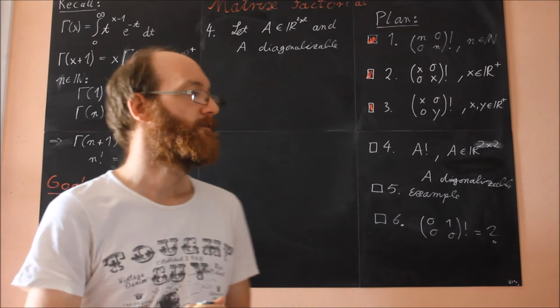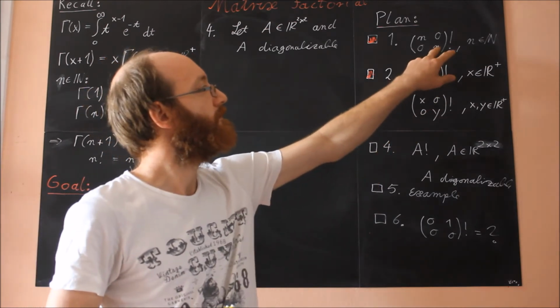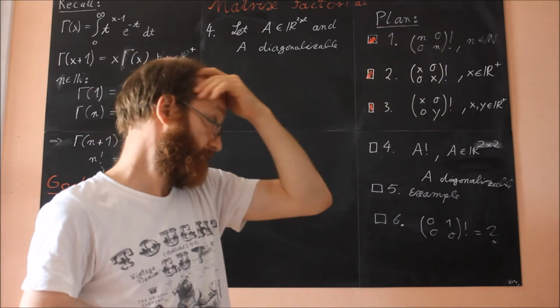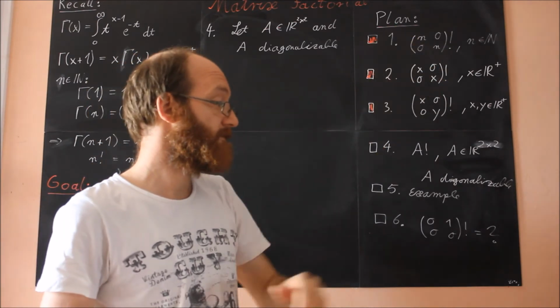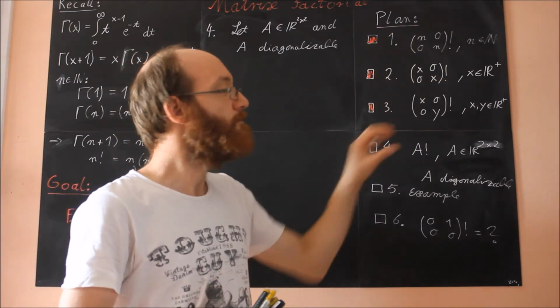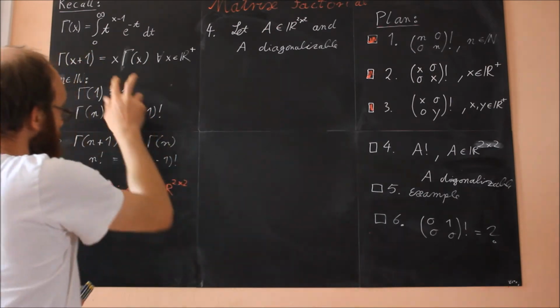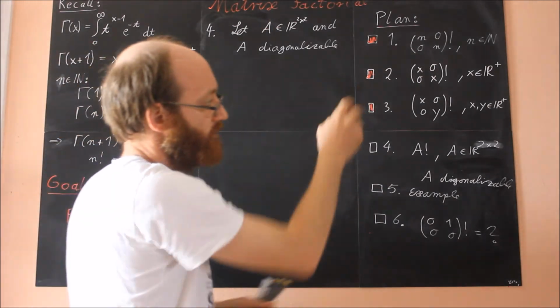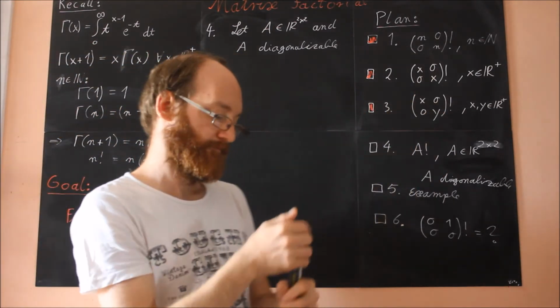Okay, on the last boards we discussed that the matrix factorial for diagonalized matrices is meaningful, and also this recurrence relation with the gamma function works fine.